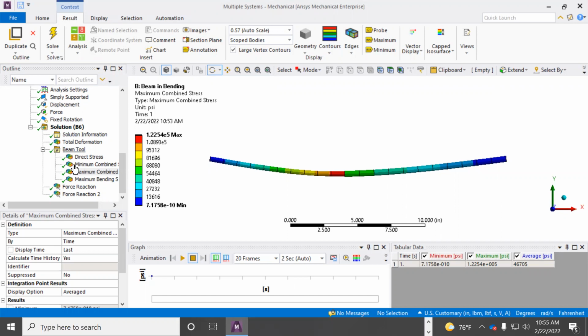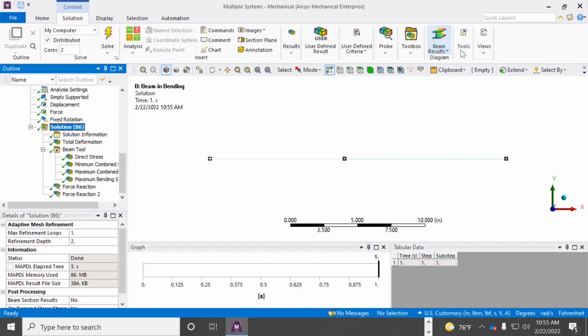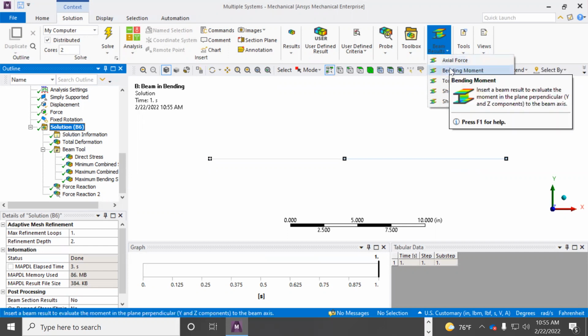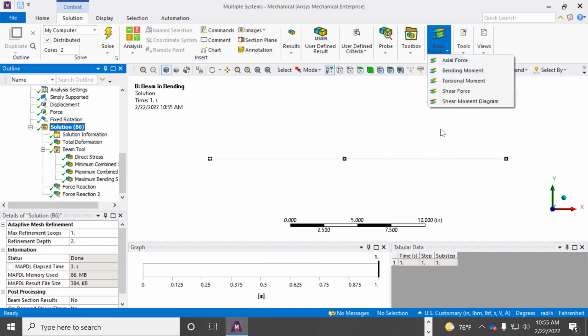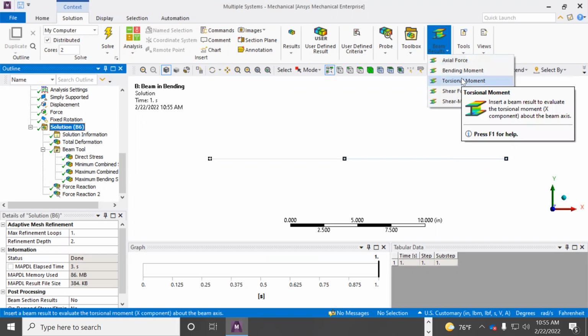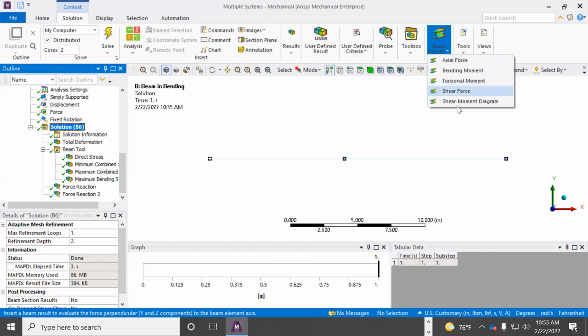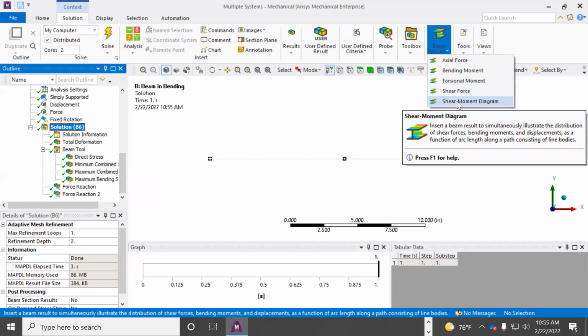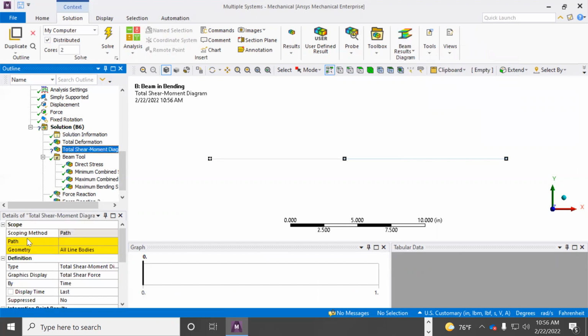In ANSYS, I first need to define, if I come here and go to solution and go to beam results diagram, I can look at a bending moment. I can look at an axial force. I can look at a torsional moment. But I can also do shear and moment diagrams. If I want to do shear and moment diagrams, it's going to ask me for a path.